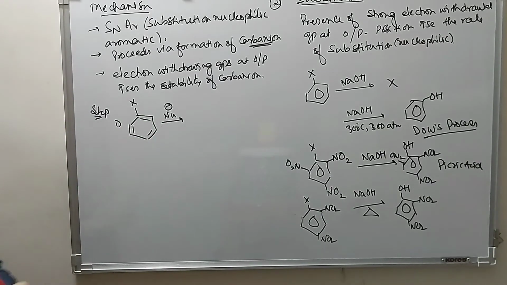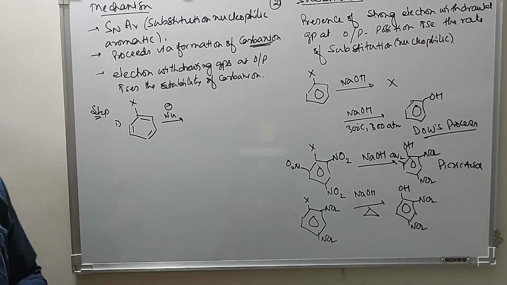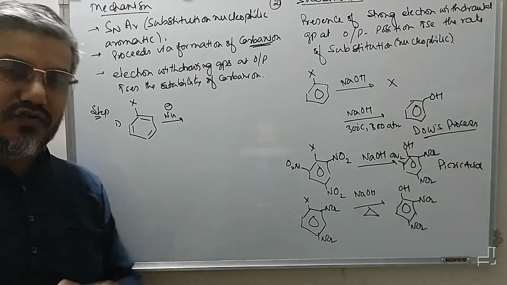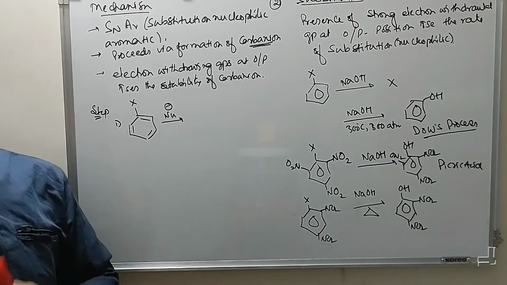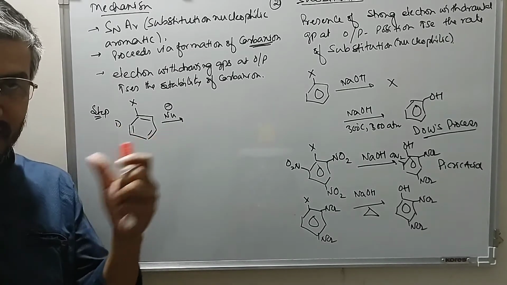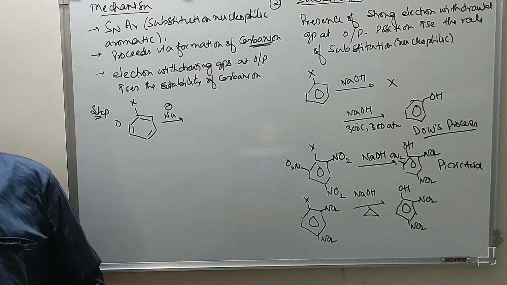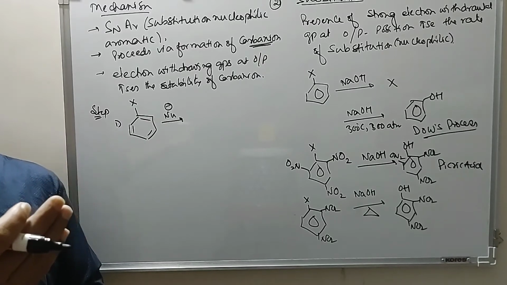Again look at this. When this nucleophile approaches the benzene ring, nucleophile is electron rich, benzene is also electron rich. When these two electron rich species come in contact with each other, there is strong electronic repulsion. Because of this repulsion, the nucleophile will have less tendency to approach the benzene ring.